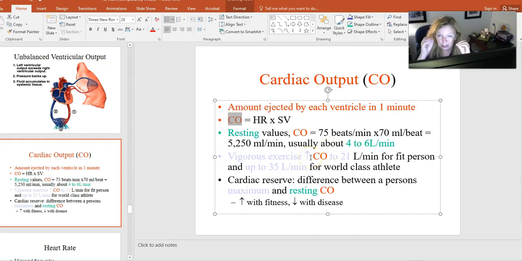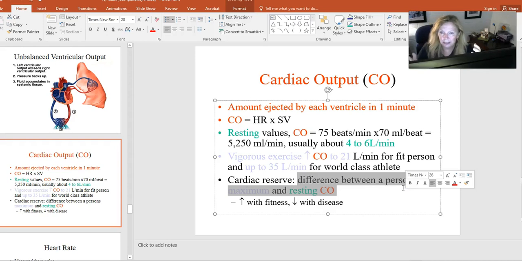Now, what you want to have happening is that you can evaluate when someone's active versus when they're at rest. What you would like to see is that there is a difference between maximum and resting, meaning that the person can accommodate, like when they're walking around or doing steps or exercising, their cardiac output goes up and they can accommodate that.